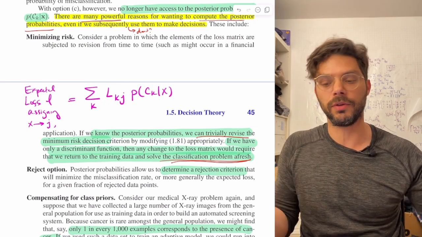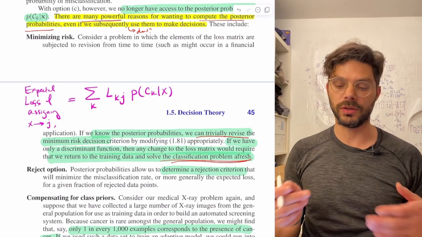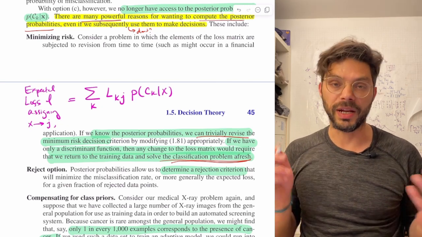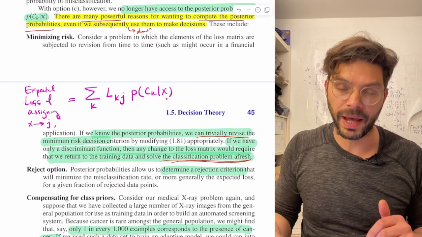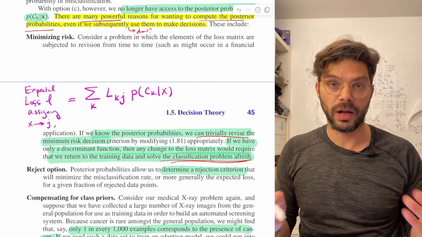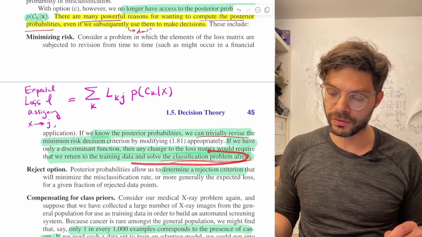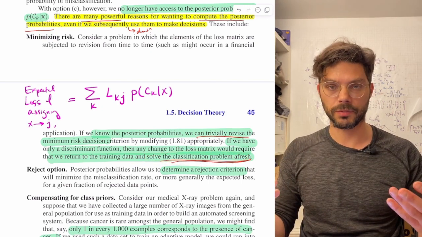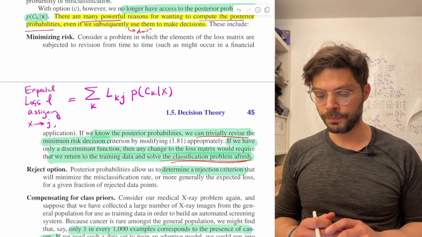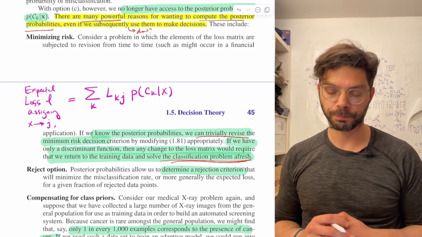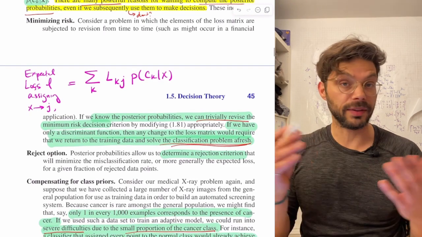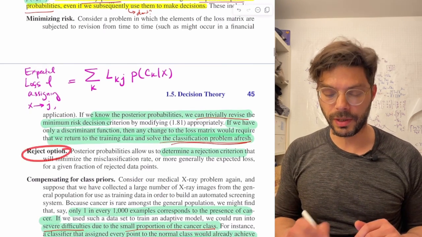It's trivial, basically. So if your situation changes, it's easy to update your decisions. But if you just map directly from x to a decision, and your losses all of a sudden change, you have to go back and solve the classification problem. You have to start over, basically. So that's going to be really inefficient. So that's one reason.